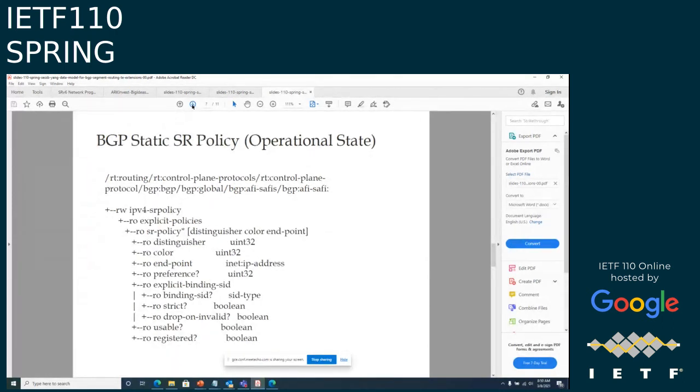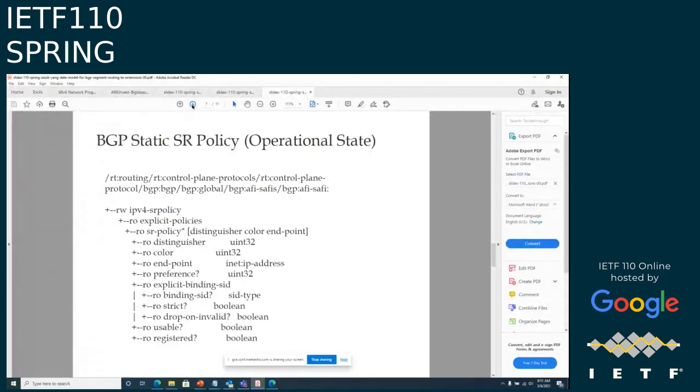That was the on-demand next hop Yang modeling, and there are two types of SR policy. One is the dynamic on-demand next hop, which we just went over, and the other one is a static SR policy. So this particular slide is talking about Yang modeling for the static SR policy, which is the BGP pushed SR policies from the controller into BGP through a BGP address family.